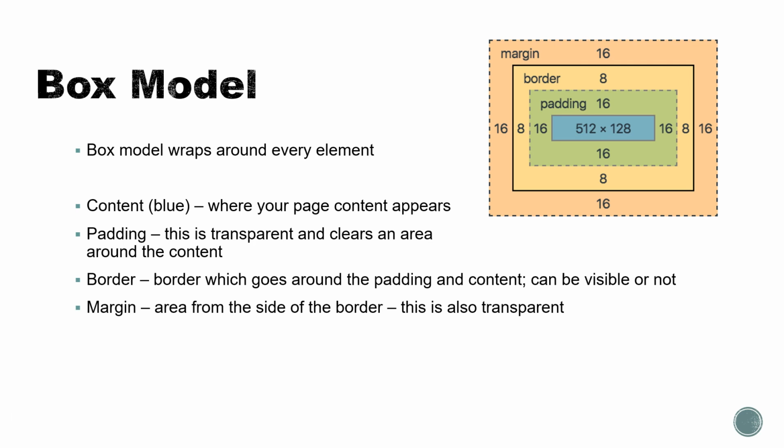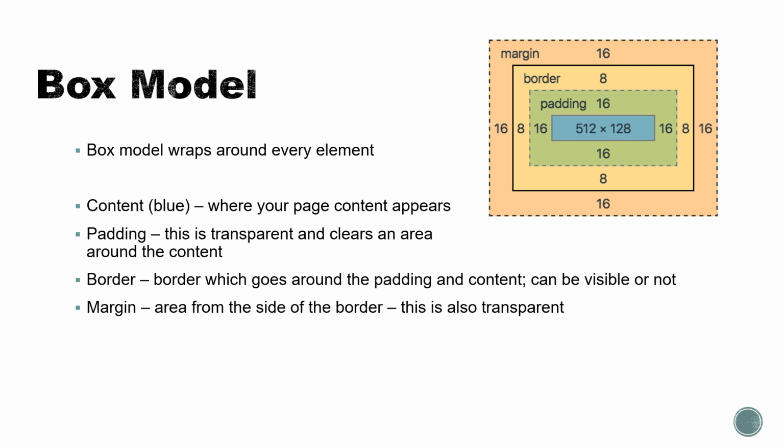The numbers on there are highly likely to be pixels rather than physical measurements, because, as I was suggesting in the previous slide, you don't know how big the screen you're designing for is going to be. There might even be percentages in a different design, and you would apply this model when you are designing your website.